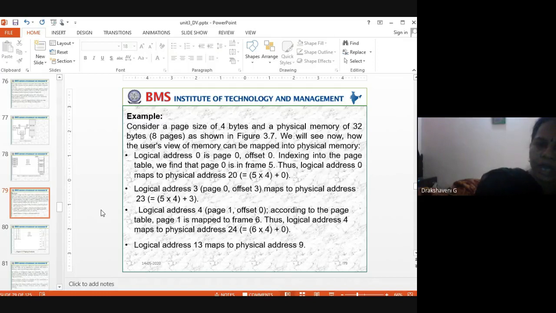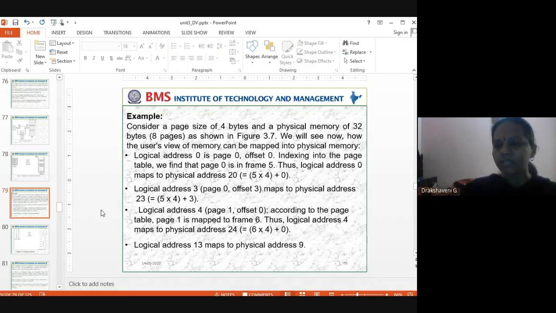Indexing into the page table, we find that page 0 is in frame 5, thus logical address 0 maps to physical address 20, which equals 5 into 4 plus 0. What is 5? 5 is the frame number. What is 4? 4 bytes. 5 into 4 is 20, plus 0, which is the offset. That is how we calculate using the page table.